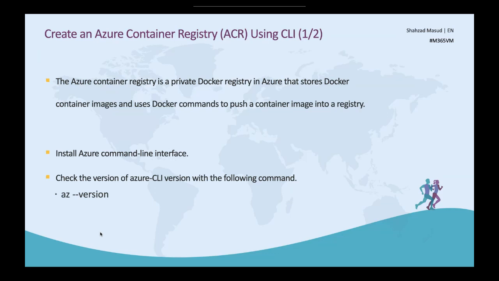In order to use that registry, it is recommended to use the command line. You can also use the point and click interface of the Azure control plane, but I would definitely recommend using the command line. You can install the command line interface, CLI version, which is very similar to the PowerShell version, and you can issue the command az --version to get the latest version that is currently available.